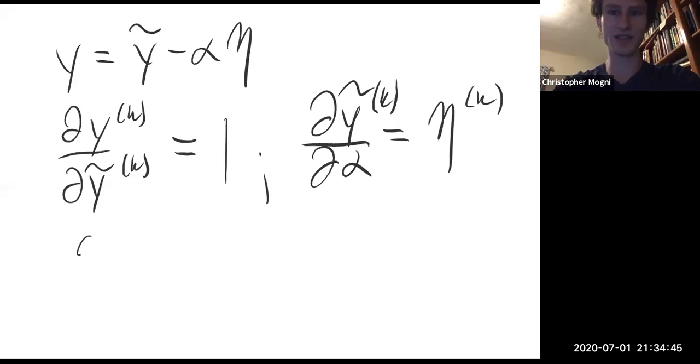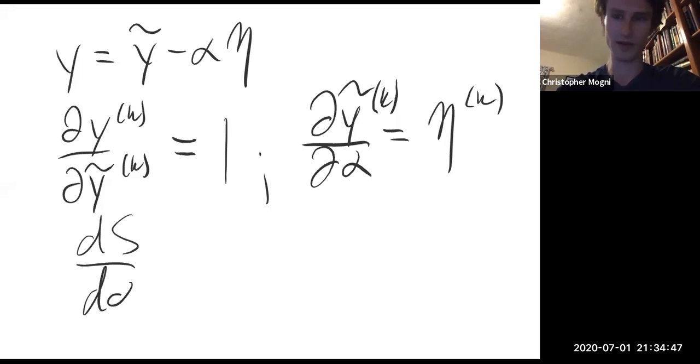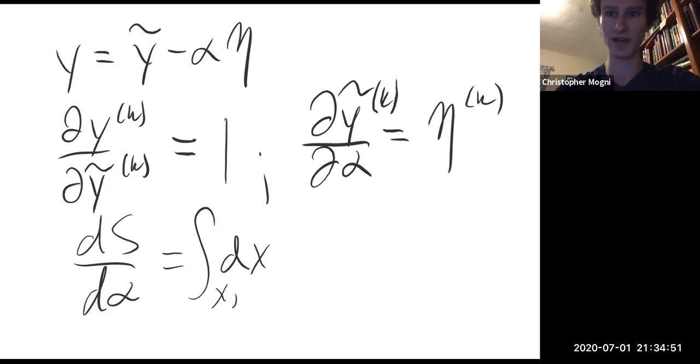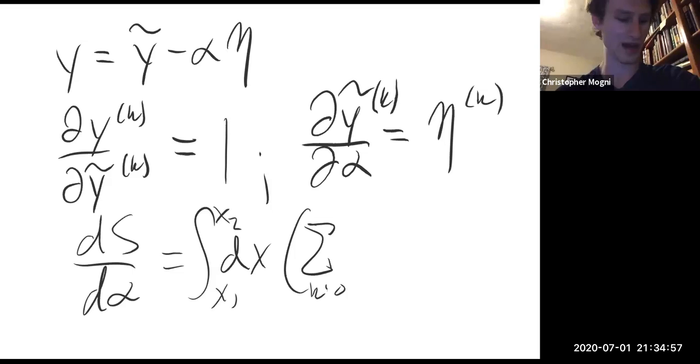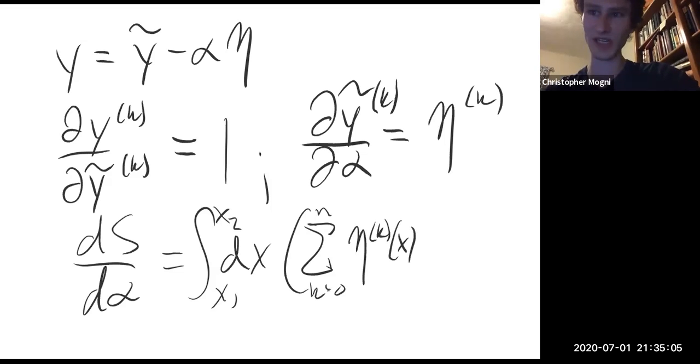And so what that means is that dS/d alpha is equal to this integral dx from x1 to x2 of the sum from k equals 0 to n, meaning we're tracking all the different derivatives, the number of derivatives we can take of y, up to the nth one, because that's where we define that it stops.